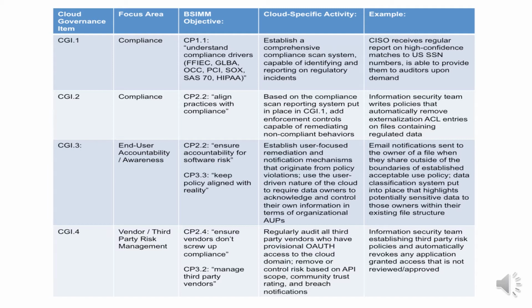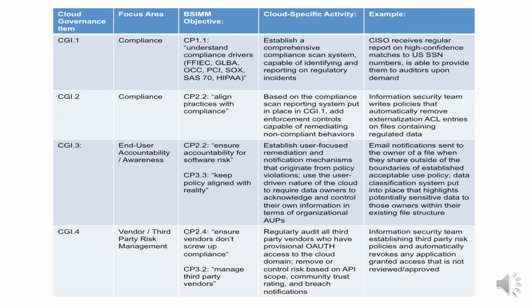Same with a United States citizen, whatever they do, it is stored on their SSN. So CGI.2 is also related to compliance, and this is based on the compliance scan reporting system put in place in CGI.1, and it has enforcement controls capable of remediating non-compliant behaviors.